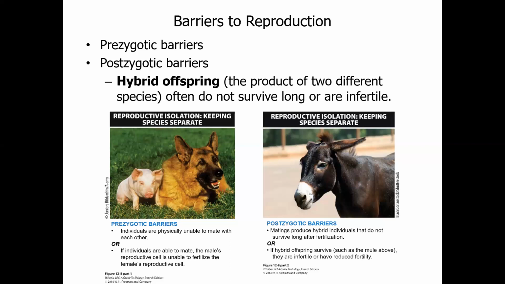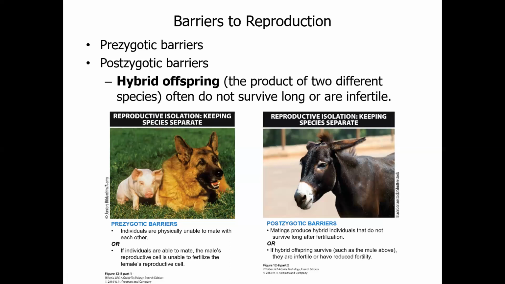With your postzygotic barriers, these are factors that occur after fertilization, but ultimately prevent the production of fertile offspring. So they may exist, but they may be infertile or they may just die. Another example we have with our postzygotic barriers is a mule. The mule is a hybrid of the donkey and a horse.